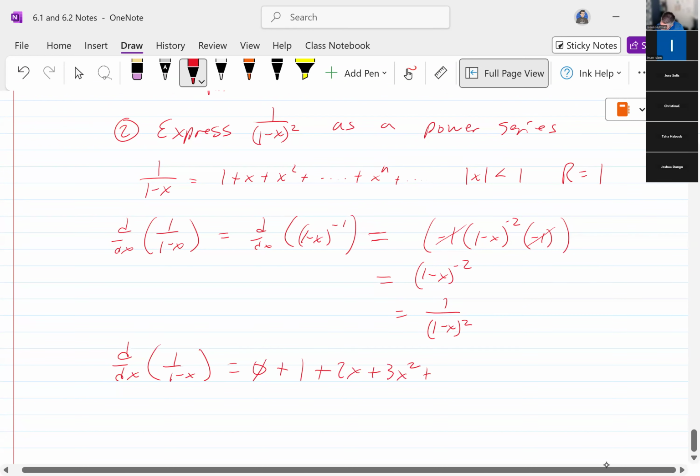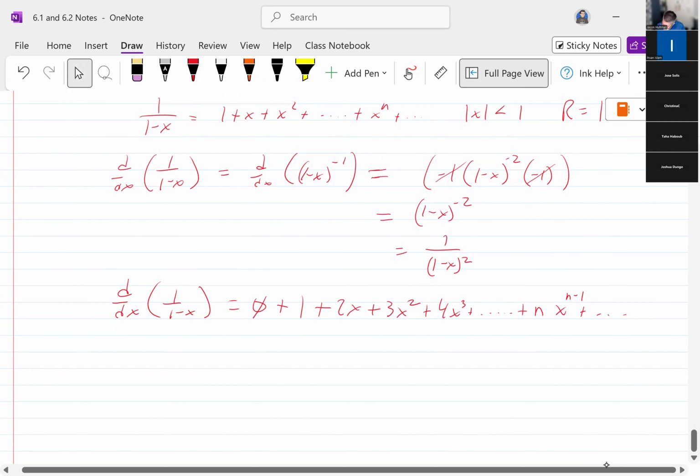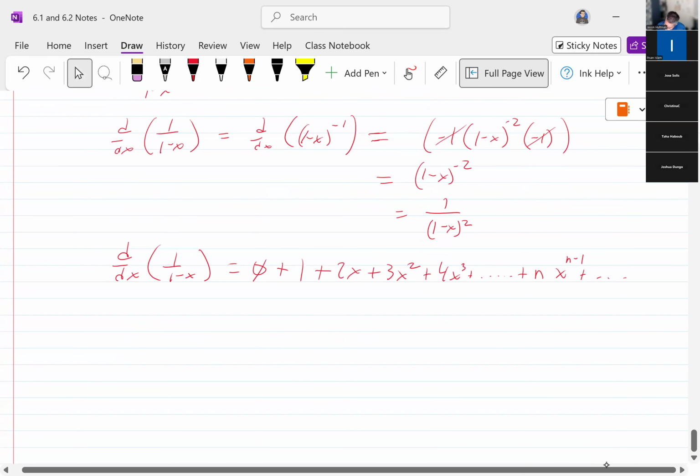Then 4x cubed, plus dot dot dot, plus n times x to the n minus 1 term, plus dot dot dot. So this is equal to 1 plus 2x plus 3x squared plus 4x cubed plus dot dot dot plus n x to the n minus 1.